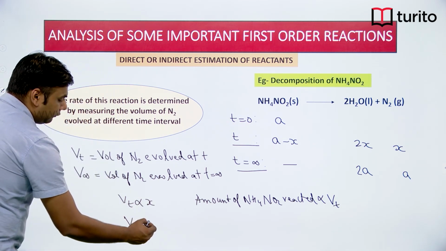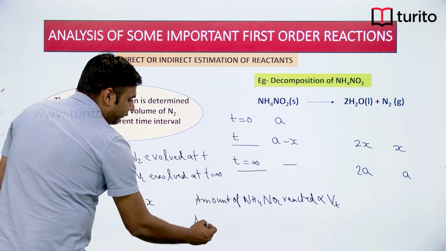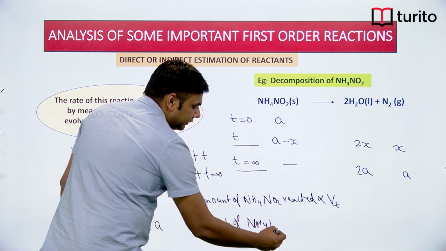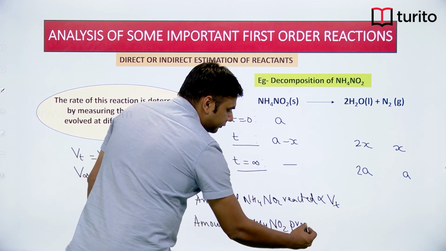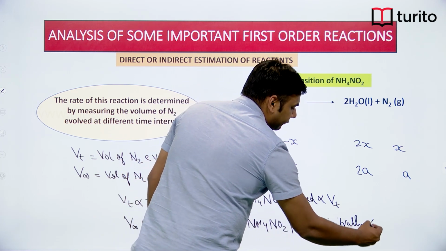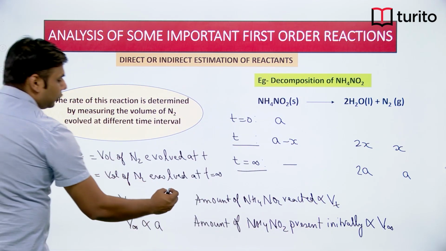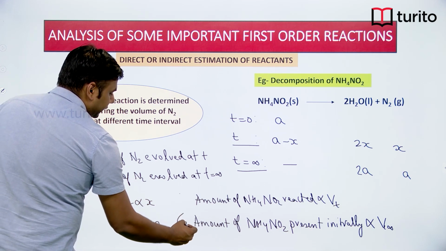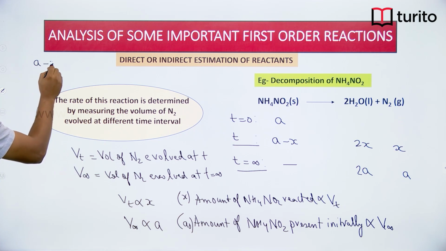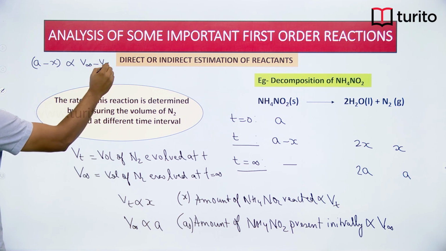So V infinity would correspond to A. The amount of NH4NO2 present initially, A, is proportional to V infinity, and x is the amount reacted. So A minus x will be proportional to V infinity minus Vt.